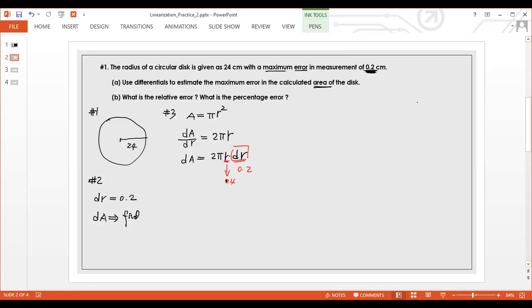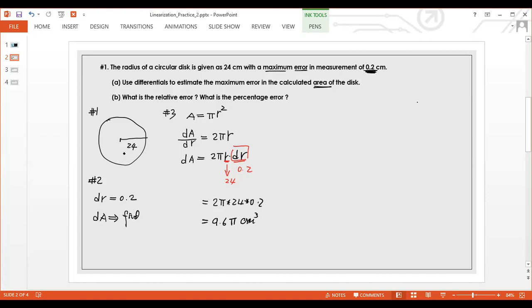So now I have all my values. My area error could be 2 pi times 24 times 0.2, so I'm going to get 9.6 pi square centimeters. That means the maximum error for this area will be 9.6 pi square centimeters.